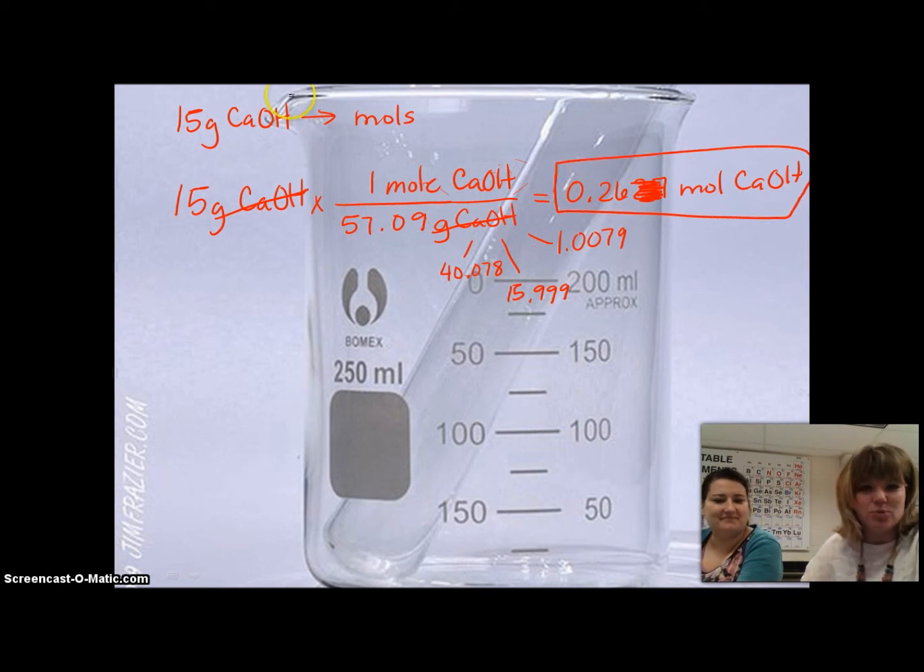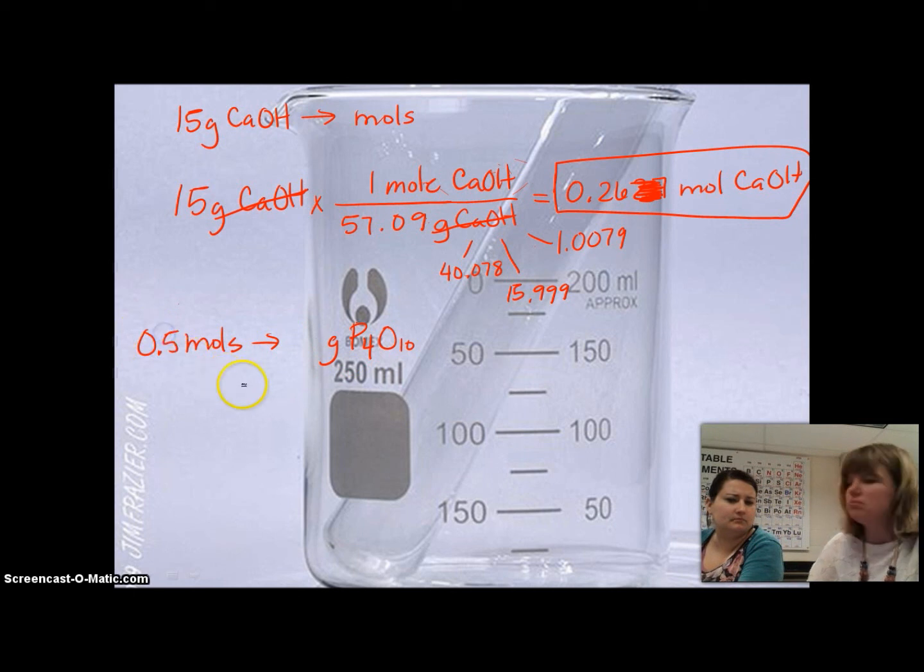Alright, and the last one, let's just reverse this. Let's go from moles to grams of a compound. So maybe this time we do a molecule, maybe like P4O10. So we want to know, let's say there's 0.5 moles. Sound good? So we just write out our given number, 0.5 moles.